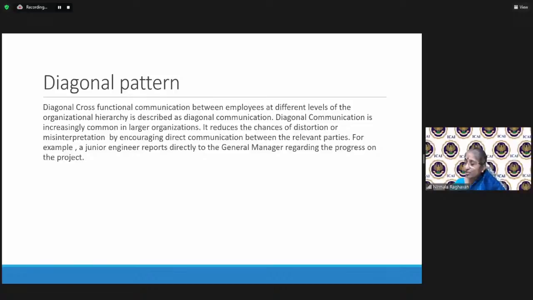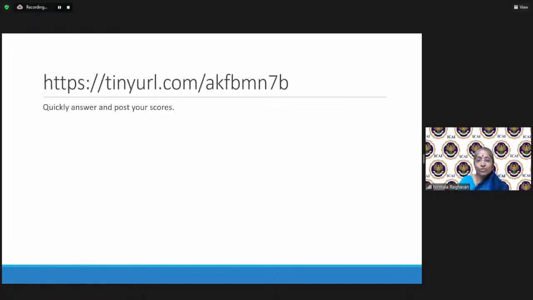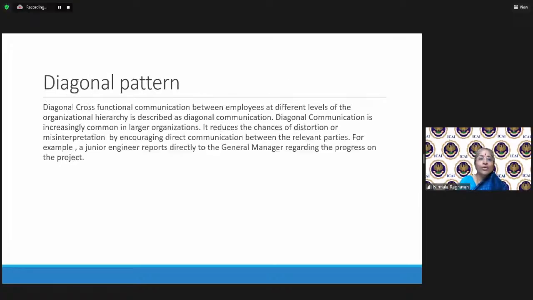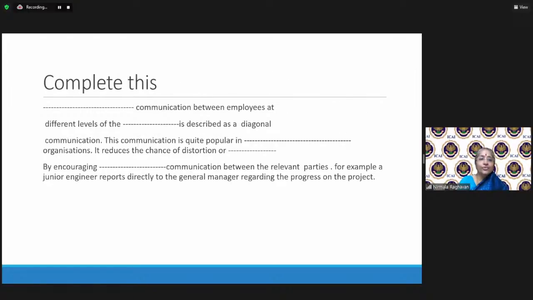Distortion, I told you, twisting of the meaning of a message. That is distortion. Okay, now I give you another 2 minutes. Oh, okay. Complete this. I give you 2 minutes.